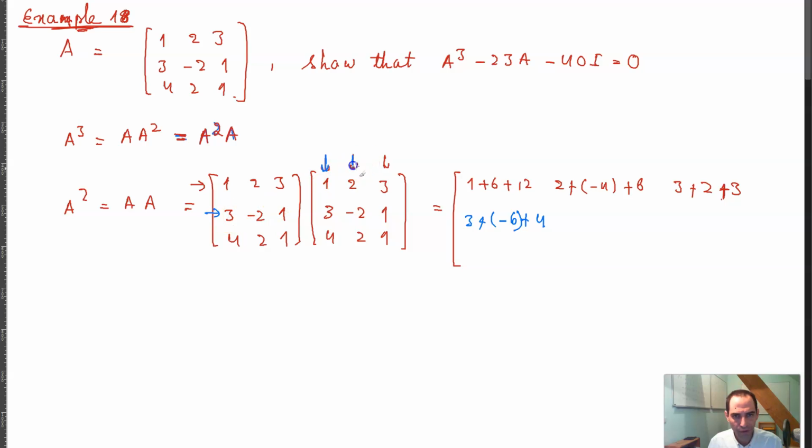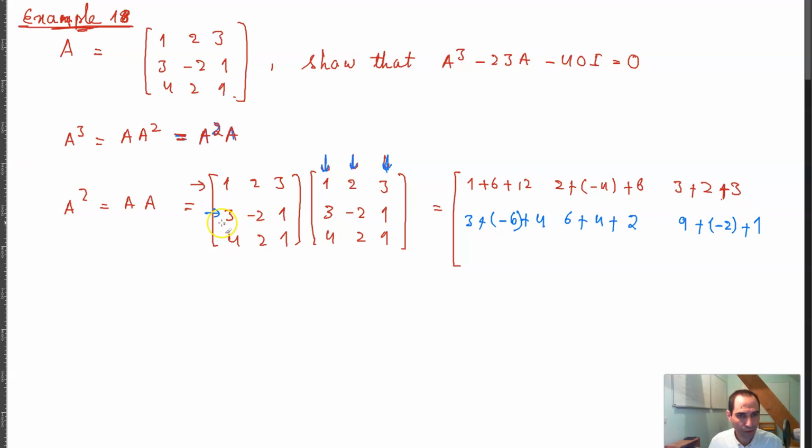And then I move to this column: 3 times 2 is equal to 6, negative 2 times negative 2 is equal to 4, and 1 times 2 is equal to 2. And then moving to this column, I have 3 times 3 is equal to 9, negative 2 times 1 is equal to negative 2, plus 1 times 1 is equal to 1.